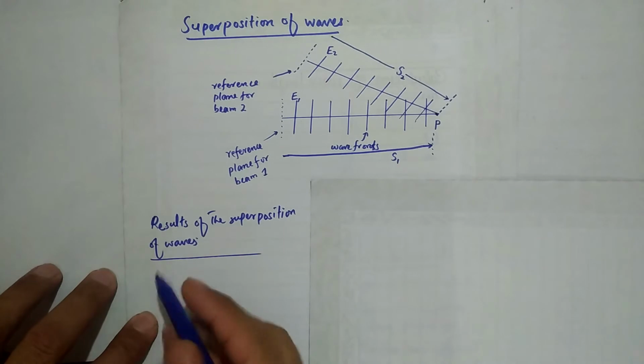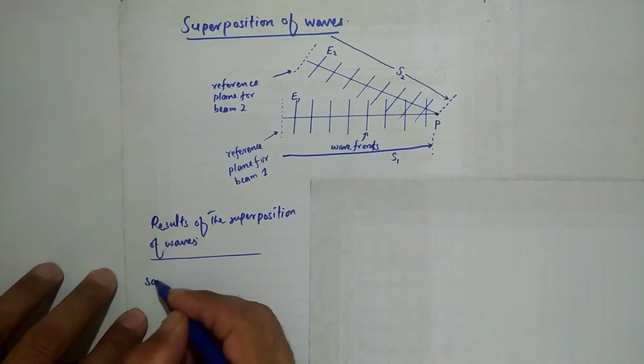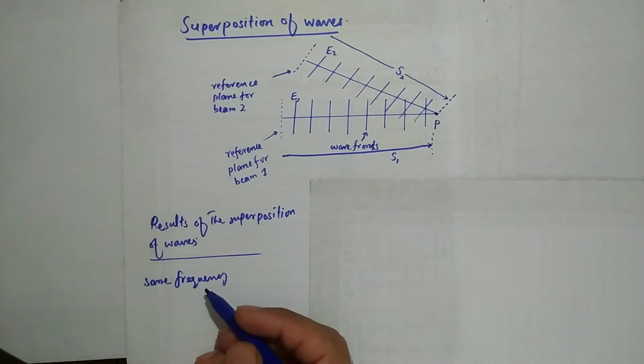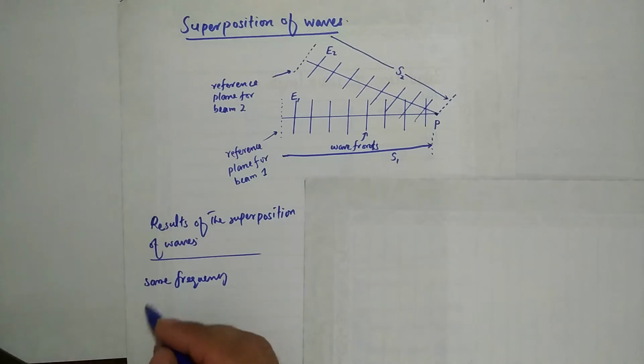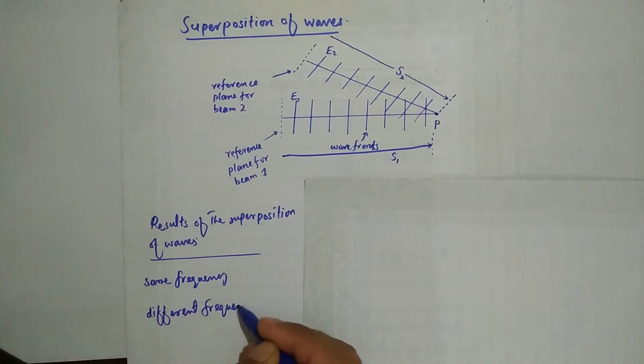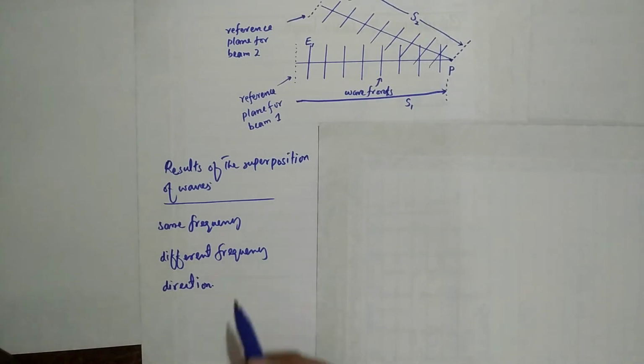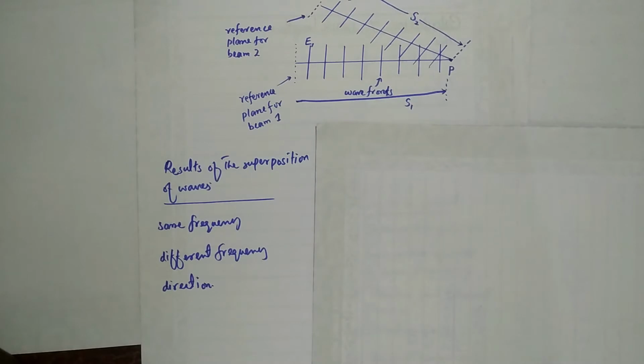The two waves may be of the same frequency, or they may be of different frequencies, or they may be in the same direction. Clear? So there are different situations that result from the superposition of waves.